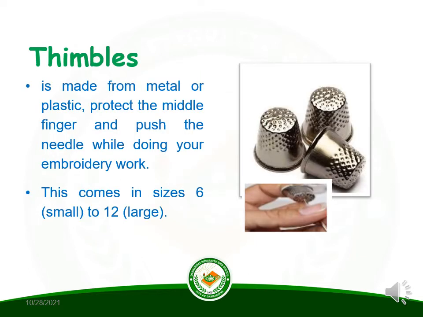Thimbles is made from metal or plastic. Protect the middle finger and push the needle while doing your embroidery work. This comes in sizes 6, which is the small, to 12, which is the large.